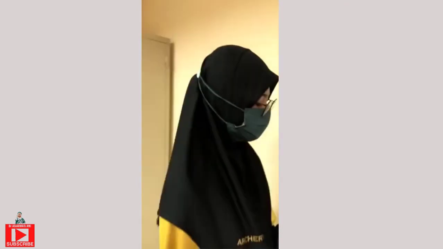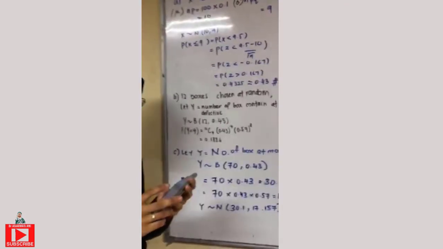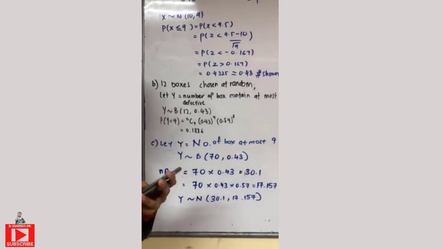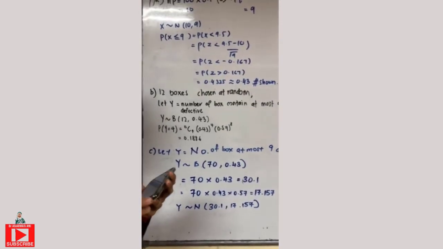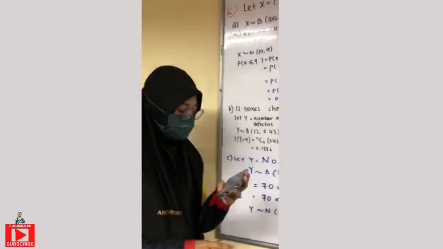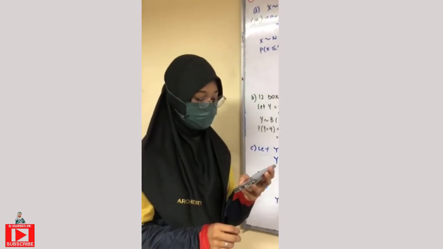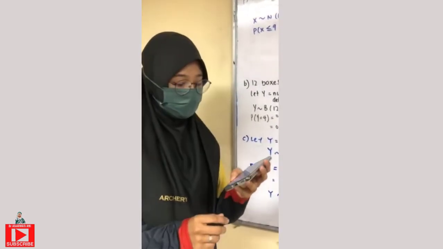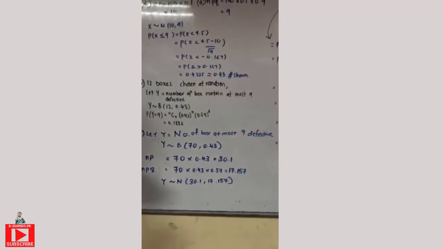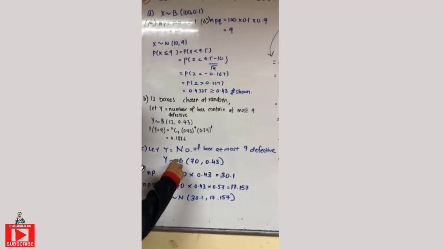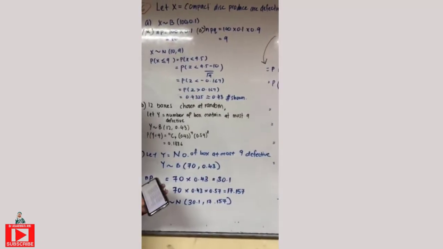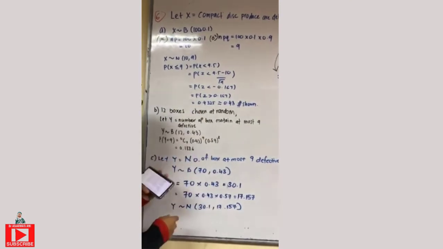Okay, untuk soalan C, saya baca soalan dia. 70 boxes are chosen at random. Find the probability that between 20 boxes and 40 boxes inclusively contain at most 9 defective compact disc. Jadi kita let Y kepada number of boxes at most 9 defective seperti yang kita cari dekat A juga.